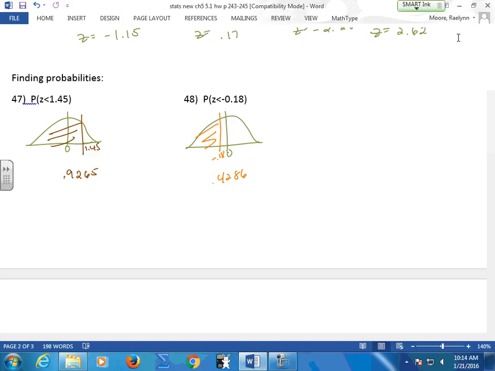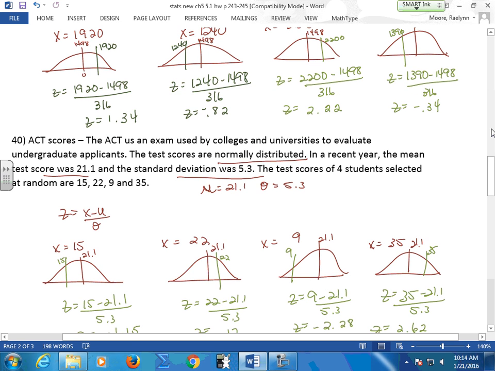So if I want the probability that z is less than 1.45, I'm going to look to the left and get my area. If I want it greater than, I'm going to subtract my area from 1. And if I expect it to be more than 50%, it better be. If I expect it to be less than, it'll be less than. It's a good gauge to keep that in mind. Stop me if you have any questions.